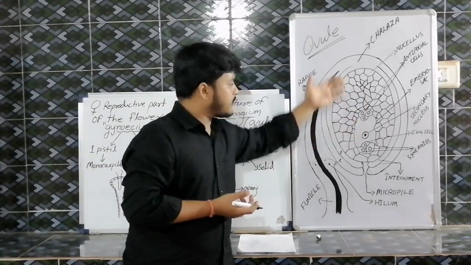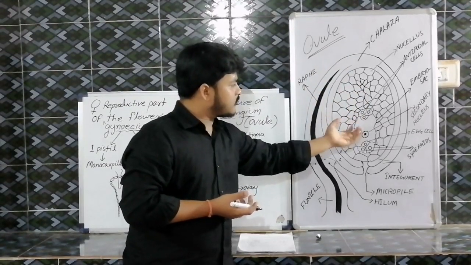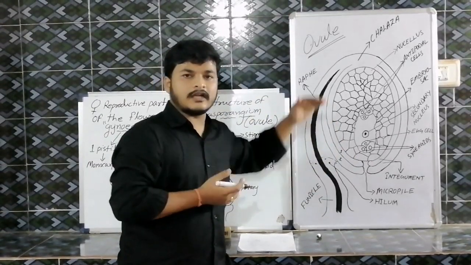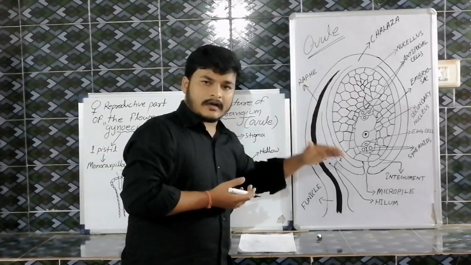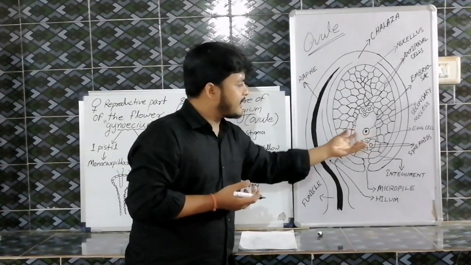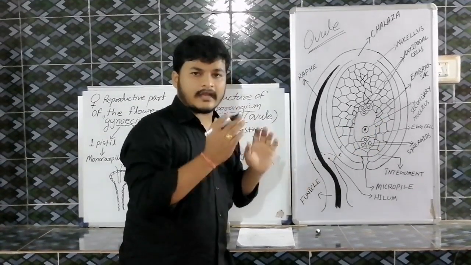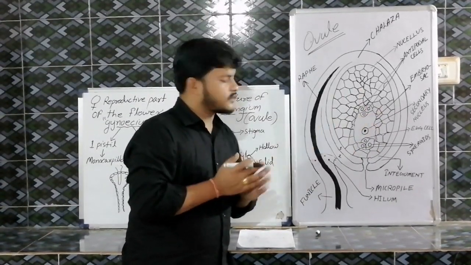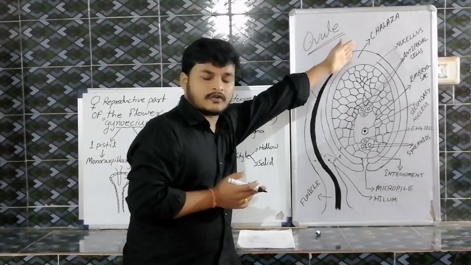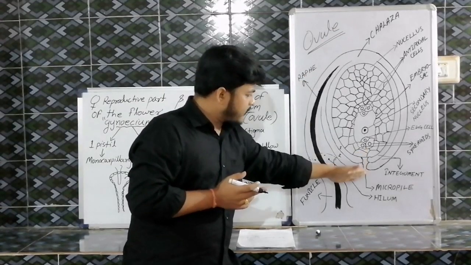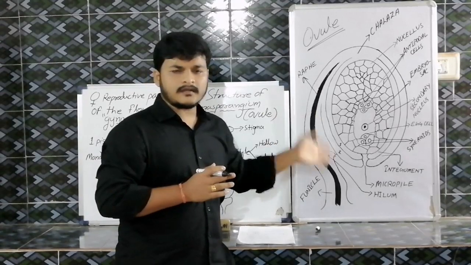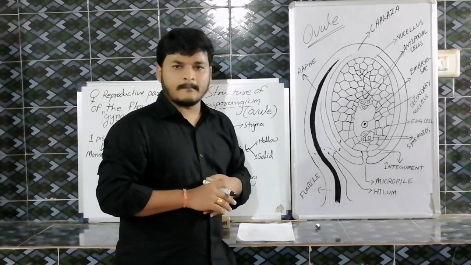Inner to the nucellus there is the embryo sac, which consists of 3 antipodal cells at one side, and the egg cell and synergid cells at the other side, which form the egg apparatus, and one prominent nucleus in the middle. The upper part of this structure is known as the chalazal end, and the other end is known as the micropylar end or micropyle. It is also known as your mouth part.